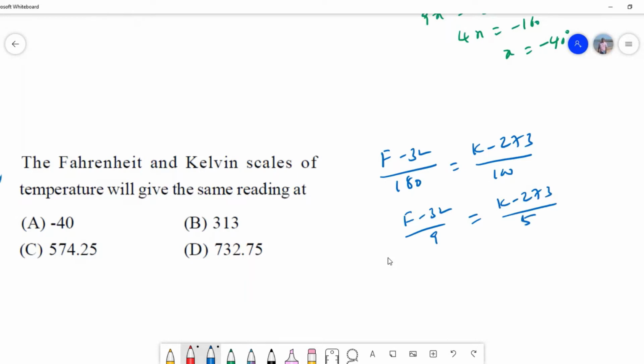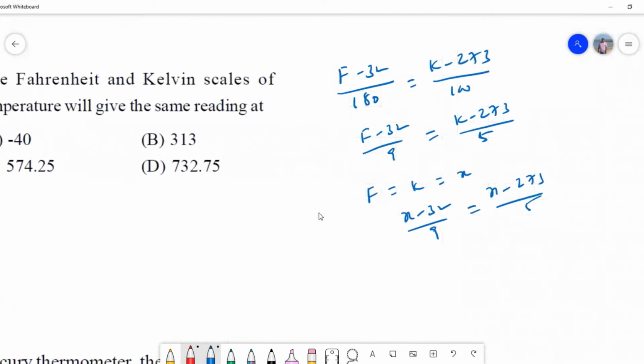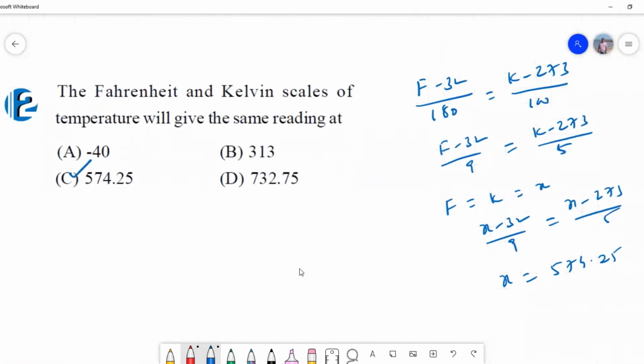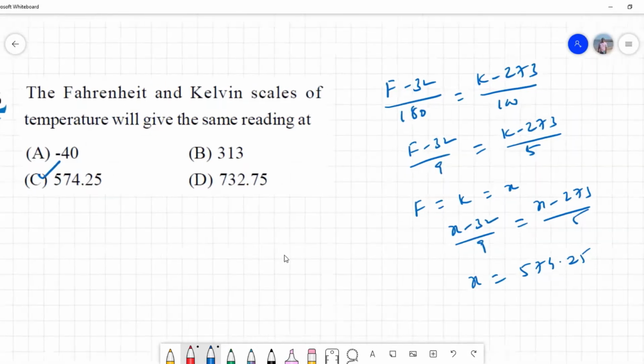In the same way we write F is equal to K is equal to X. So X minus 32 by 9 is equal to X minus 273 by 5. Simplify that and you'll get the X value as 574.25. So option C is the correct answer. At this temperature, the Fahrenheit scale and Kelvin scale show the same reading.